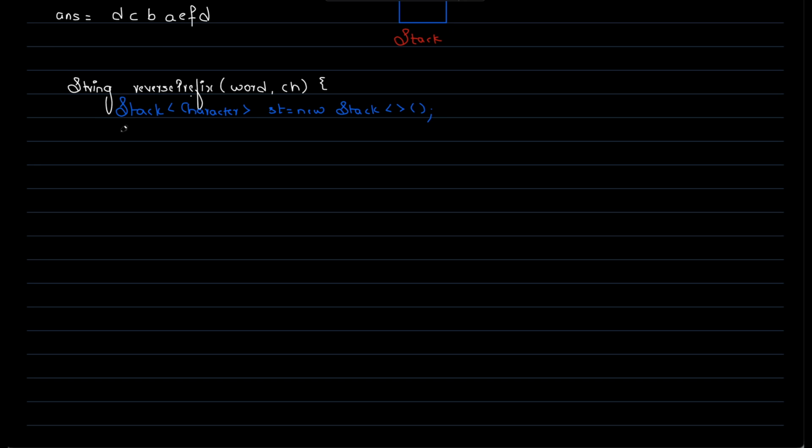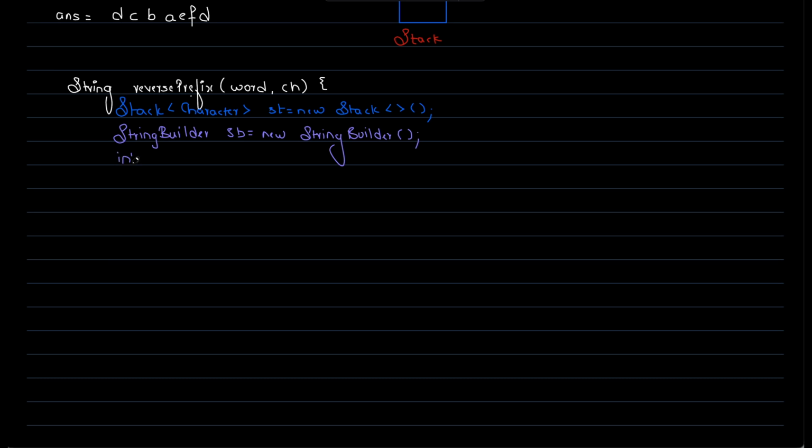Now I'll create a string builder, in which this string will be passed. The name is sb, new StringBuilder. Now first I'll check whether the character is present inside the word or not.